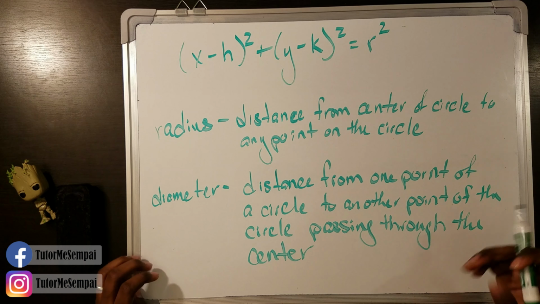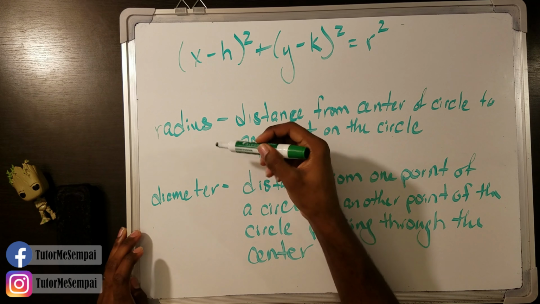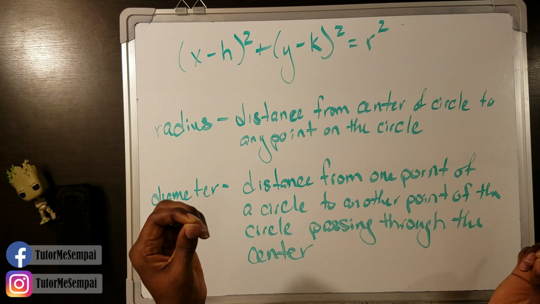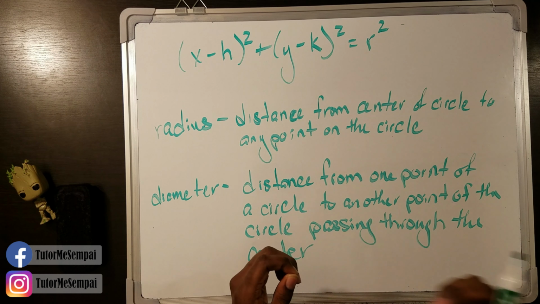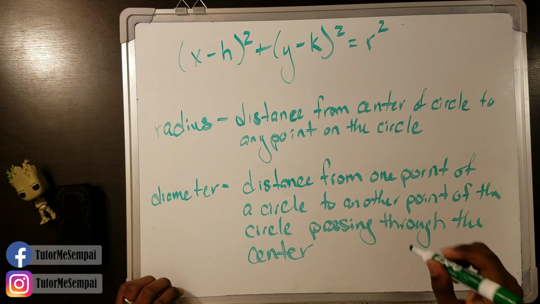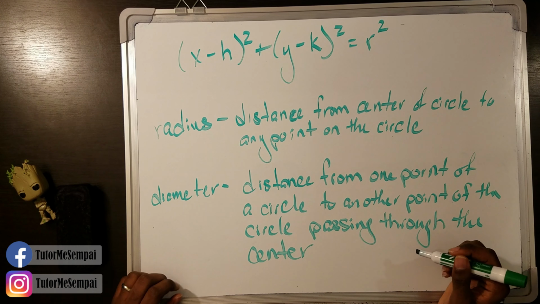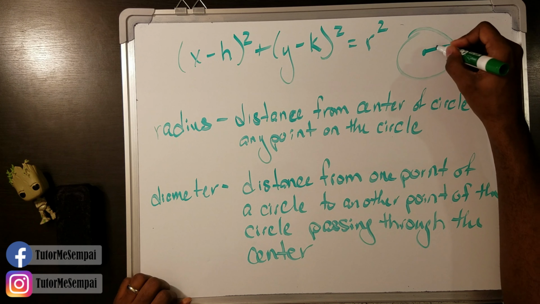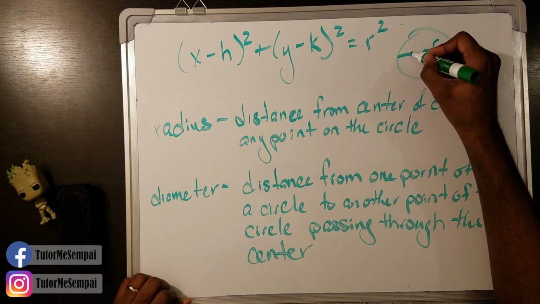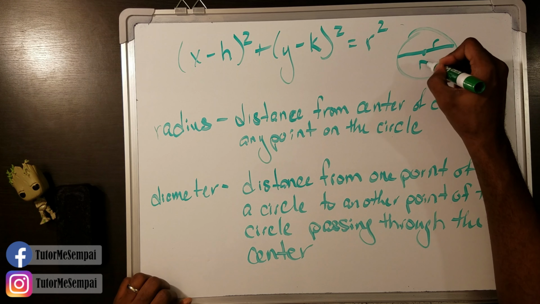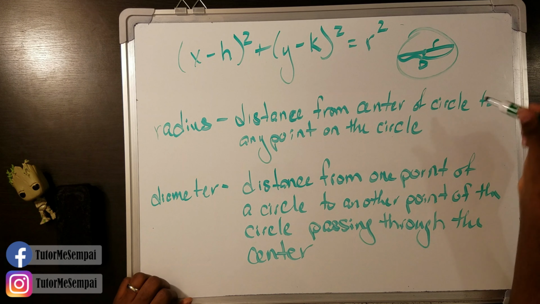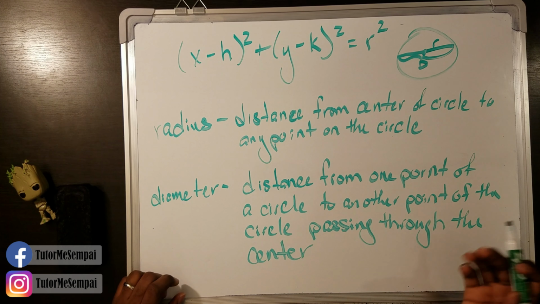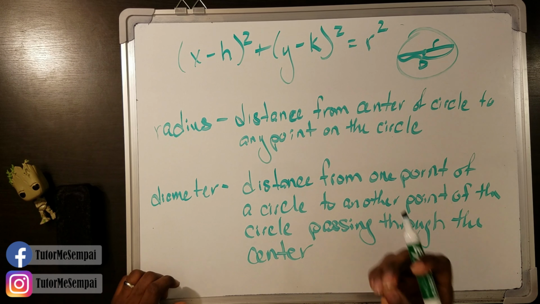So you might have noticed that there's a relationship between the radius and the diameter. If the diameter has to go through the center and the radius is from the center to a point, then you see that they both hit the center at one point in time. But notice for a circle, if this is the radius, well, if you extend that, this whole thing becomes the diameter, which means that the diameter is going to be twice the radius, or the radius is going to be half the diameter.